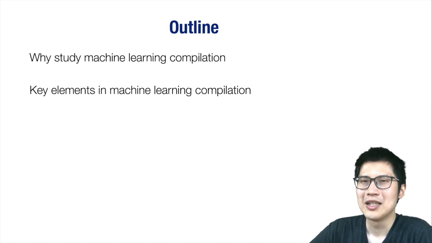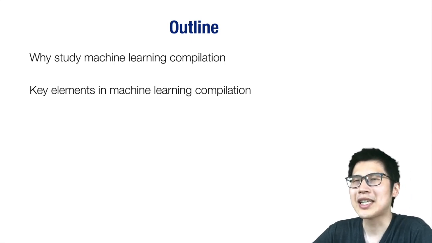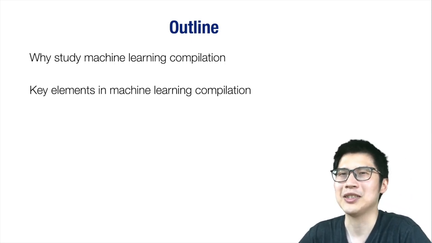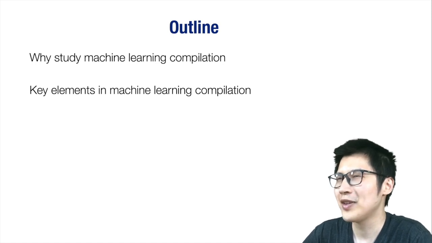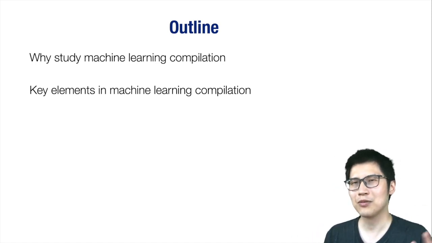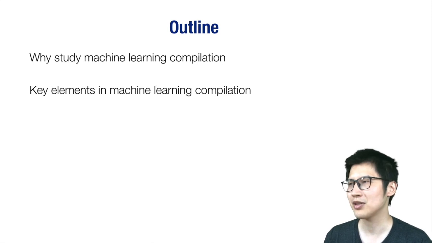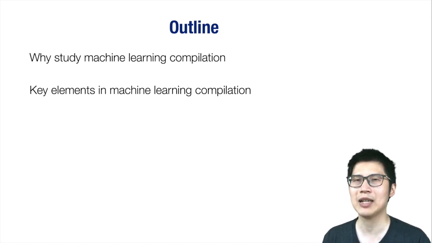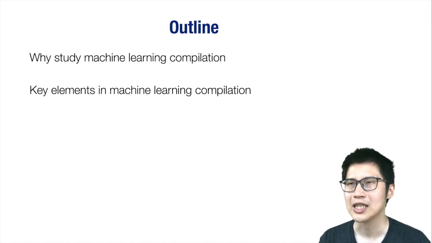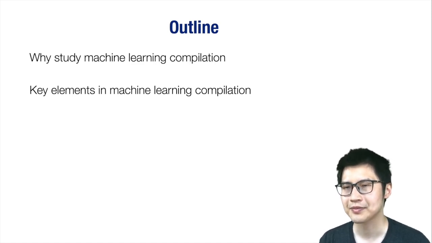Okay, so far we've talked about why we study machine learning compilation. Now, in the next 10 minutes or so, I'm going to spend some time talking about some of the key elements that are involved in machine learning compilation.